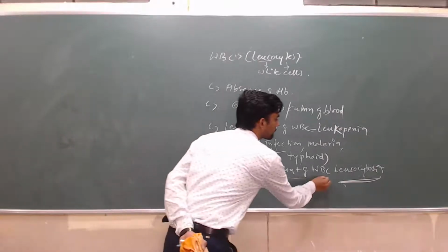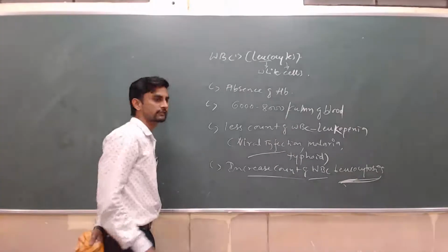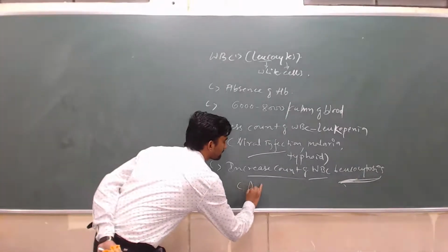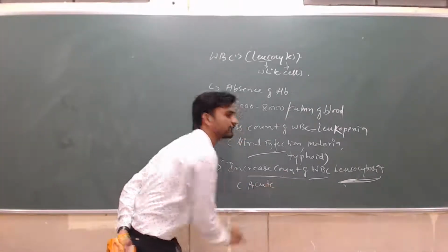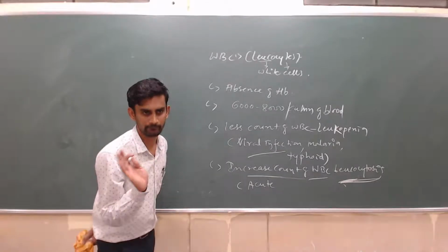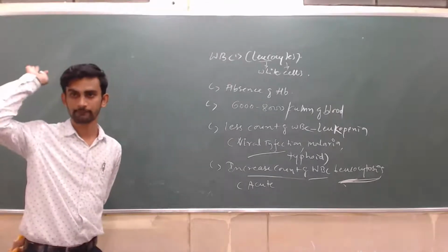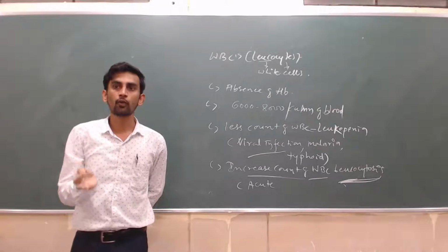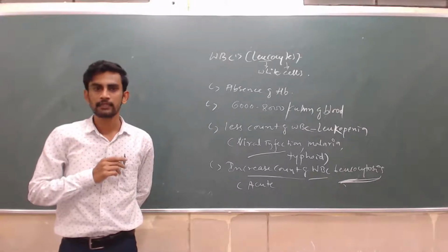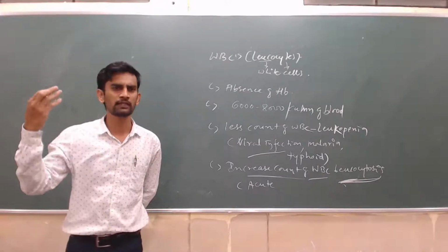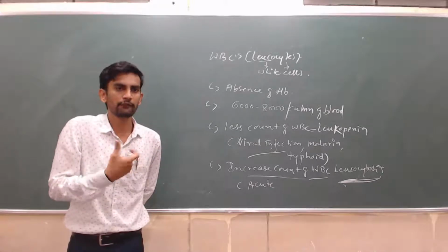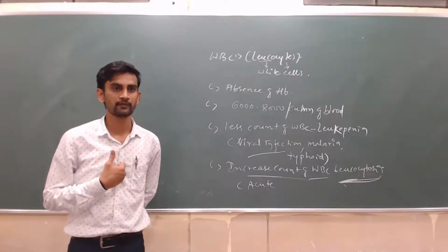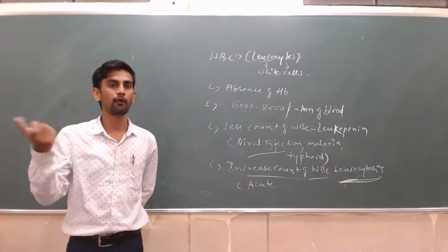So an increased count of WBC we call leukocytosis, especially when the person is suffering from an acute condition. Acute means short time; chronic means long time. For example, chronic bronchitis and acute bronchitis. Due to pollution, we may start suffering from difficulty in breathing. I suffered from acute bronchitis previously.